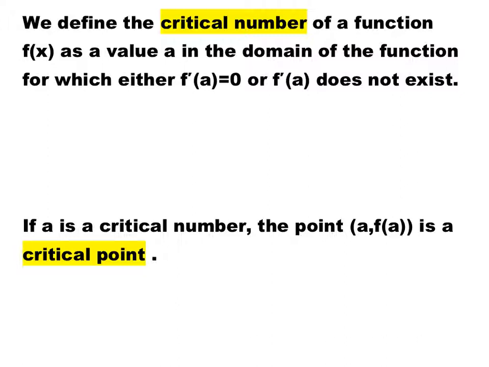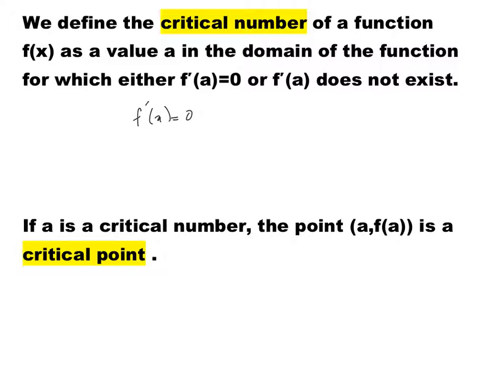So this means that if you have to find the critical number of any function f of x, we have to find f prime of x and make it equal to 0, and then we have to find the roots here. Or if f prime of x is going to be a rational function, we have to find the zeros of the denominators.